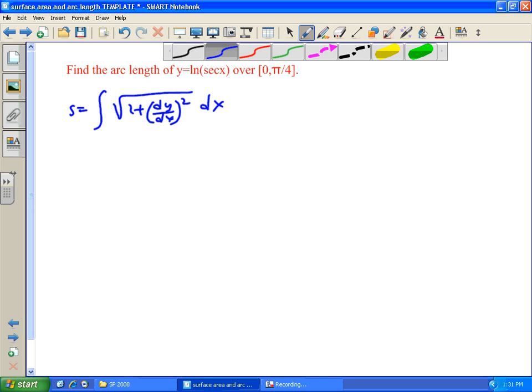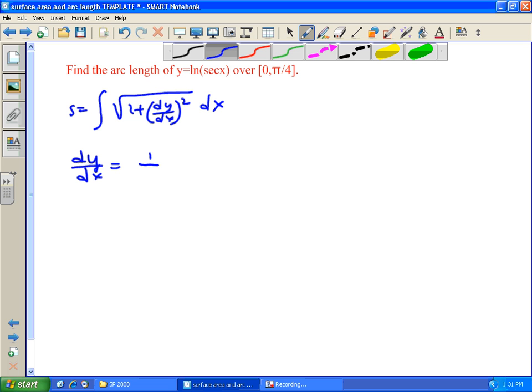So let's begin by differentiating y, so finding y prime or dy dx. What is the derivative of ln of secant x? First of all, ln of u, how do you differentiate ln u? 1 over u times u prime, right?